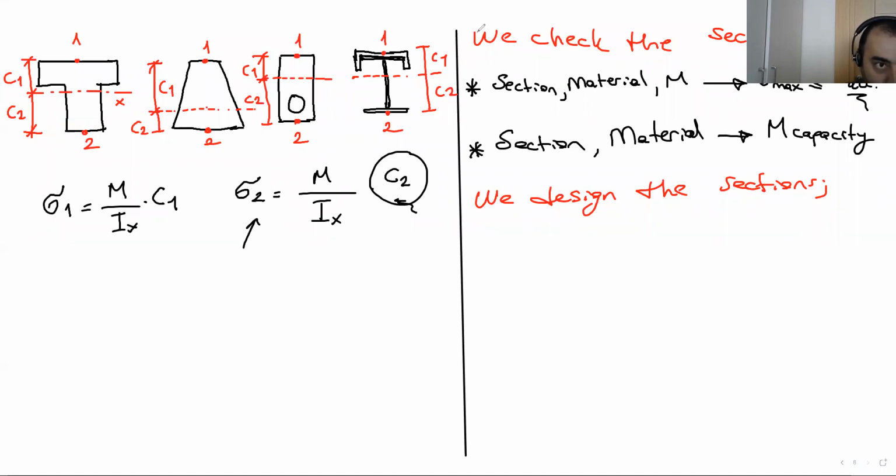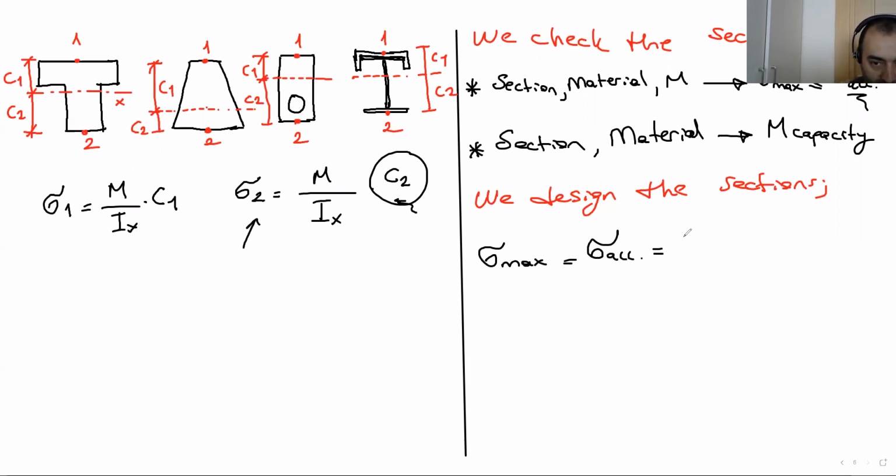So, yes. What we do, we assume that the sigma maximum equals sigma allowable. Okay, sigma allowable, as usual. When we design a section, if we don't know anything about the dimensions of the section, we assume that the stress level is allowable stress. So sigma max equals sigma allowable.